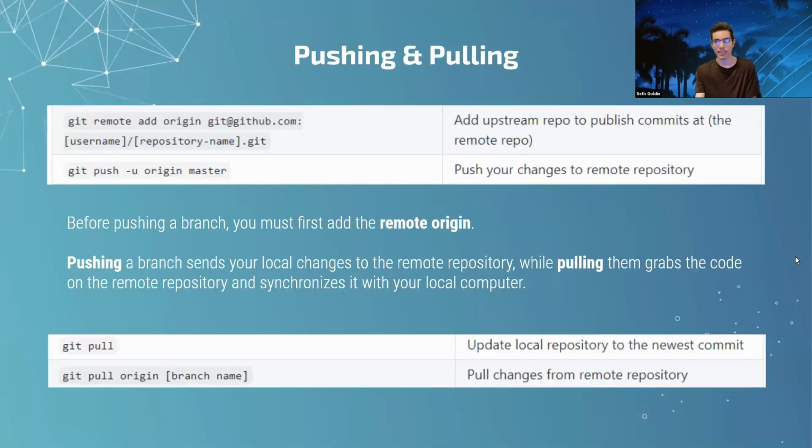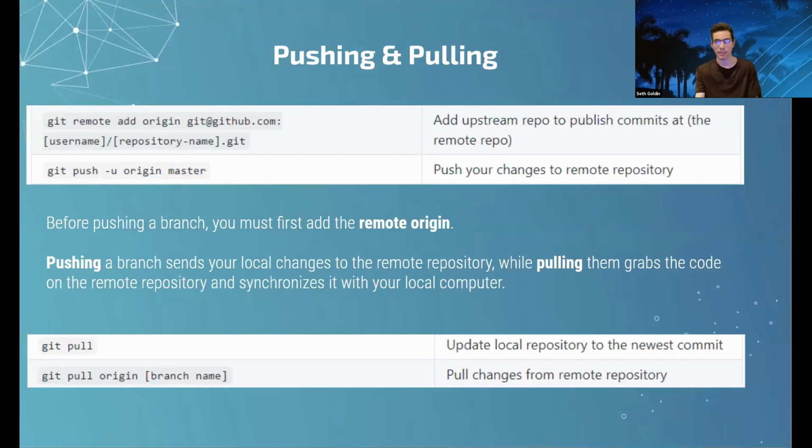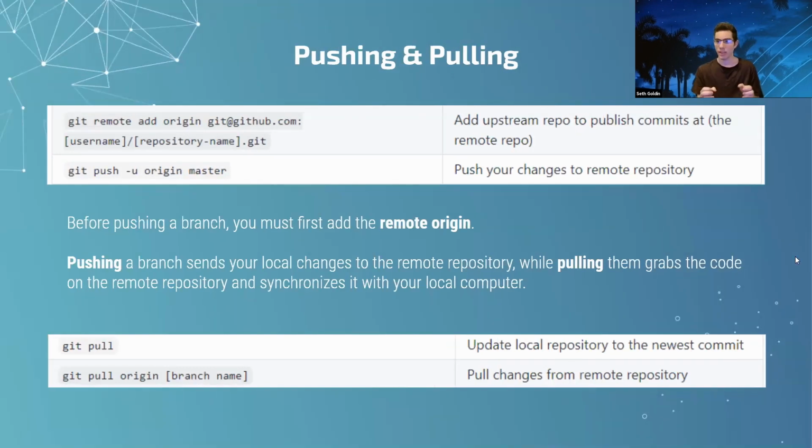Pushing and pulling. So this is the second half of that slide we just looked at, which is we created our repository, we added our files, and we committed them. So we made a checkpoint. How do we get them to GitHub or the remote repository? The remote repository is like the cloud. It's where you're saving your files and not on your computer. So git remote add origin. This command basically adds the upstream repository to publish your commits at.